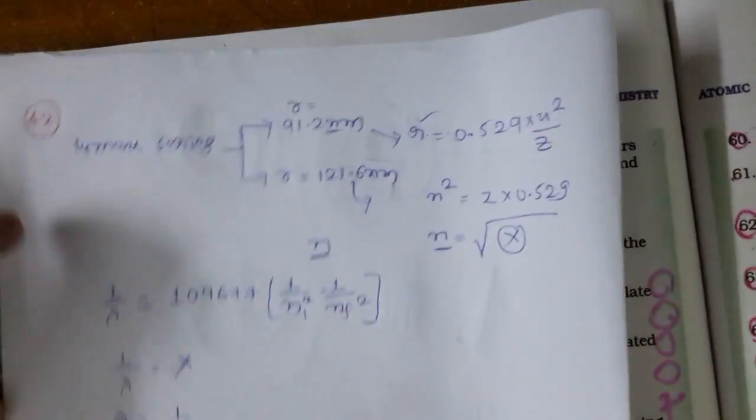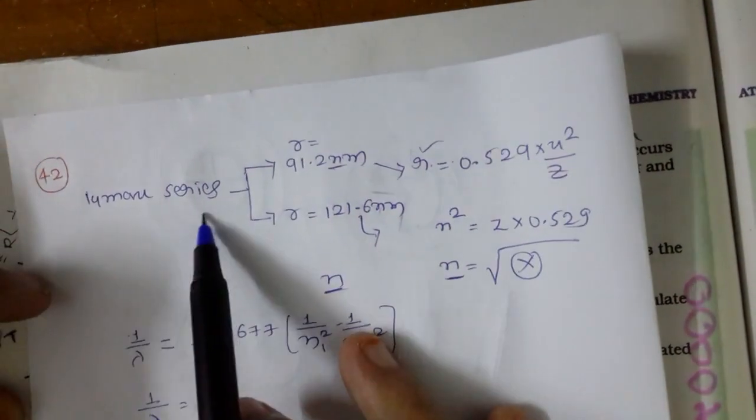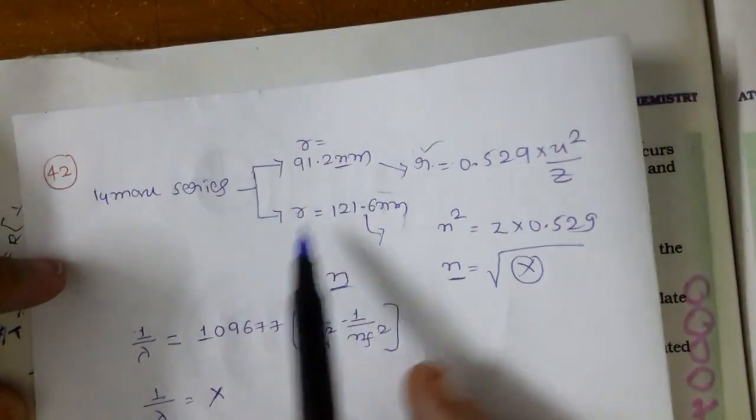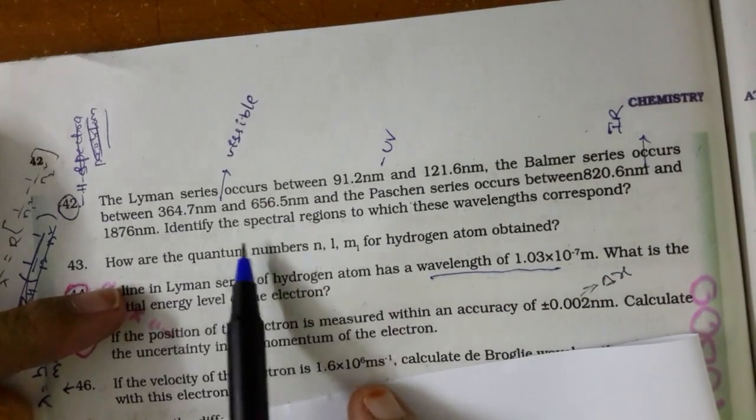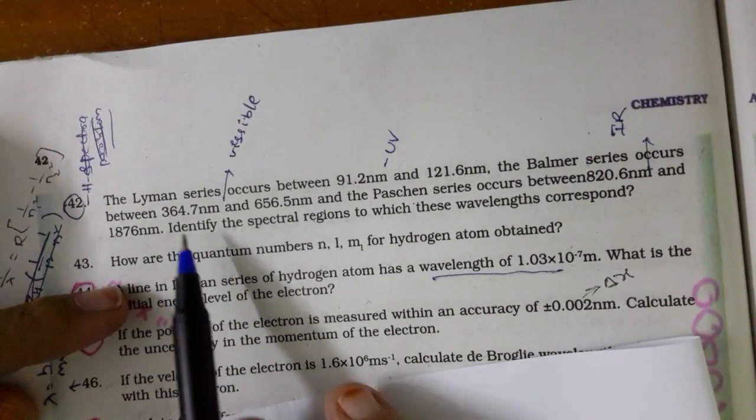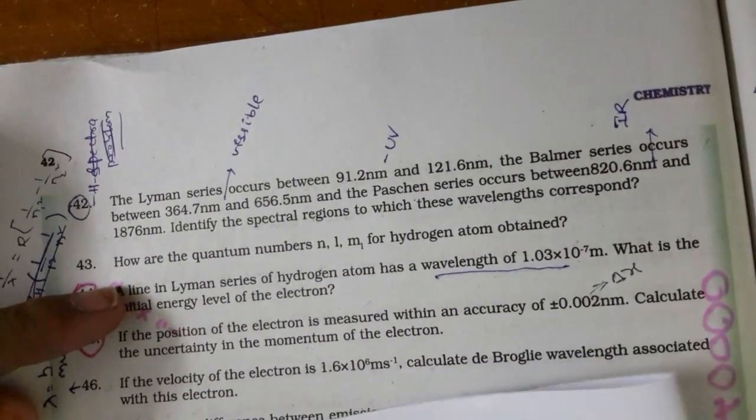What's given here? The Lyman series has these values. Now find out the lambda. What is given there? Radius values are given, the first radius value is this one.